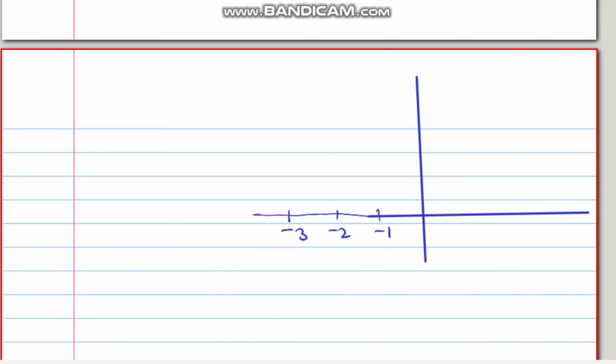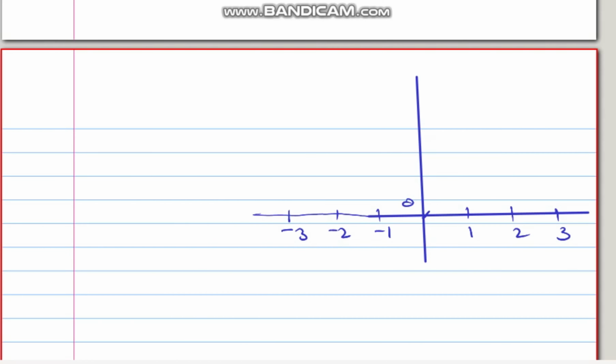For example, we will have the plane like this. We will take these lines. Draw this line also. This will be minus 3, this will be minus 2, this will be minus 1, that will be 0, this will be 1, this will be 2, this will be 3.